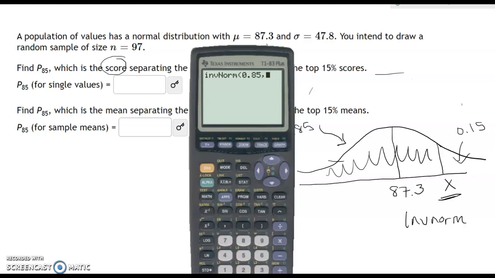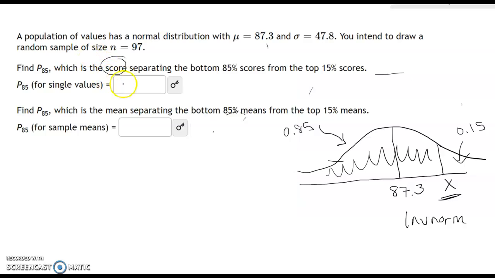Then we enter the mean, which is 87.3, and standard deviation, 47.8. So I have 136.84. I will enter that back in over here: 136.84. So that's that x value we were looking for.